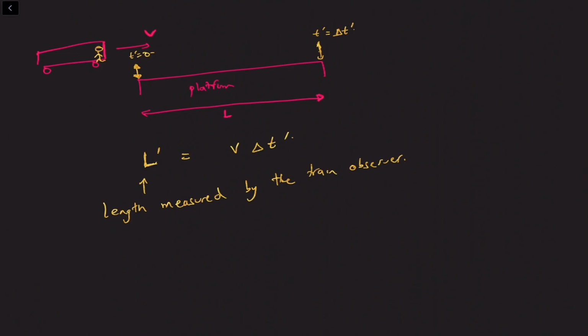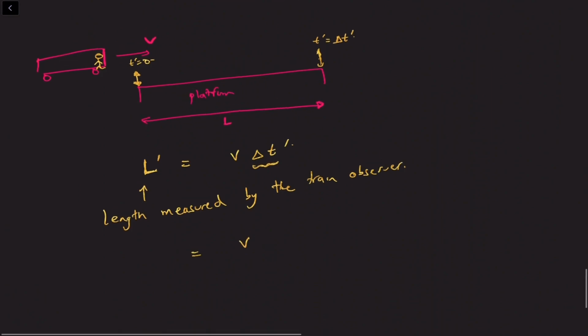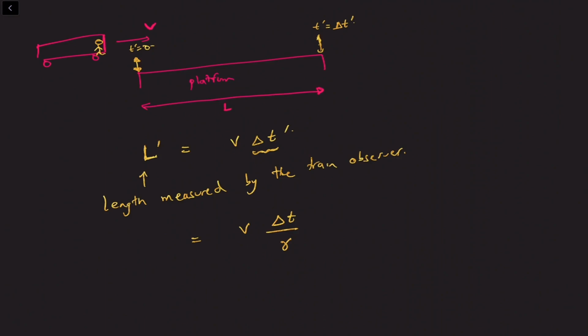So according to the ground observer, the time delta t prime that is ticked is actually equal to delta t over gamma, where delta t is the time it takes, as seen by the ground observer, for this person on the train to pass one end of the platform and then pass the second end of the platform.